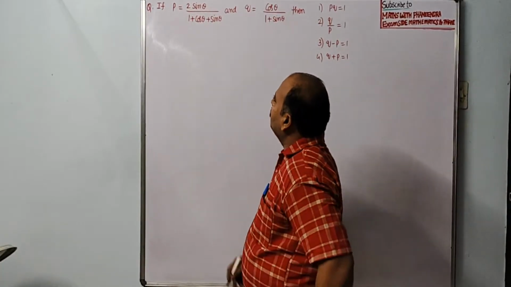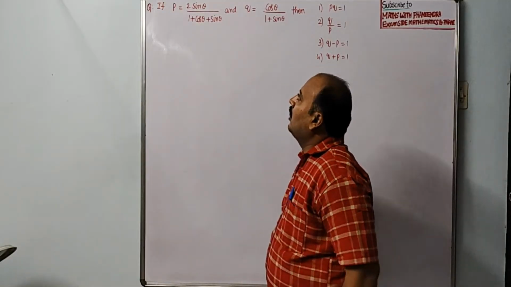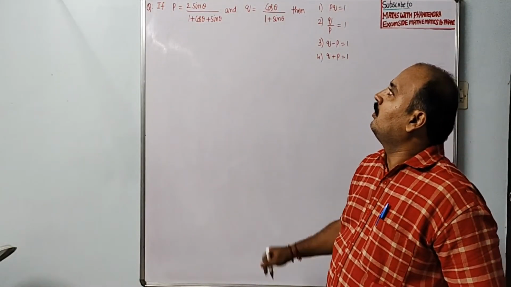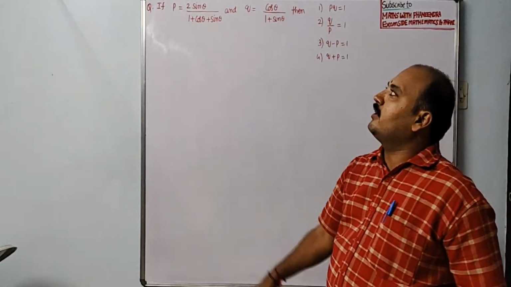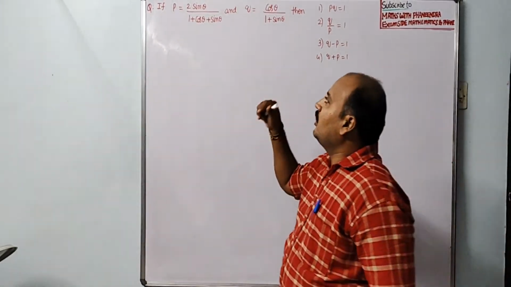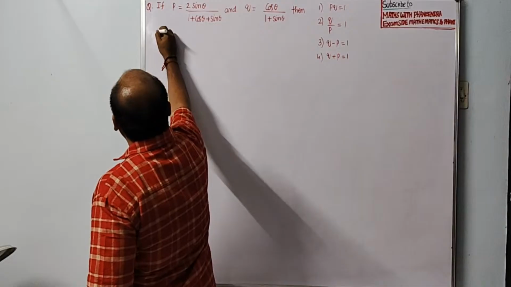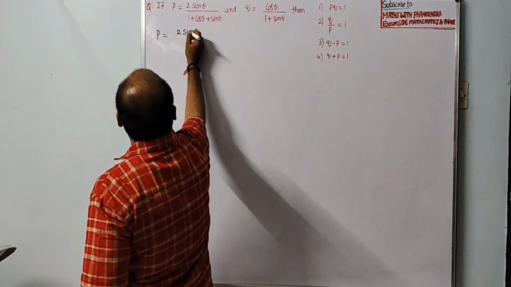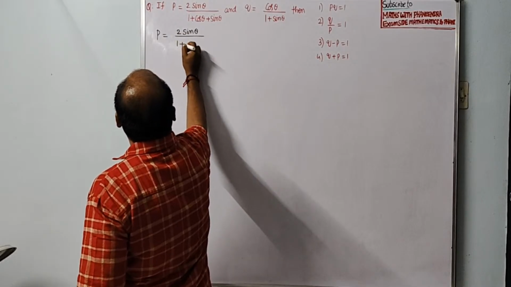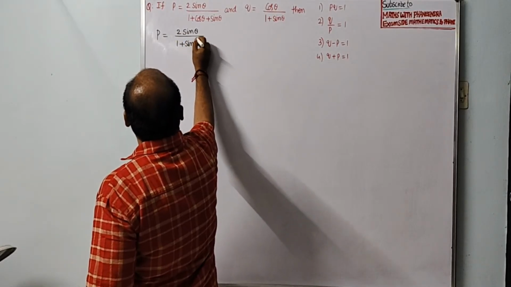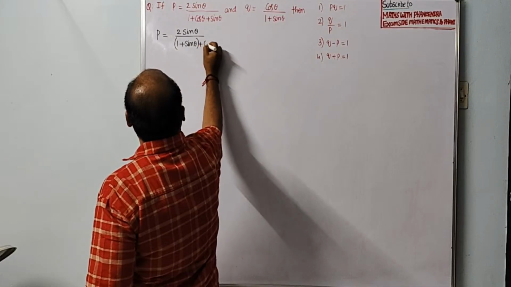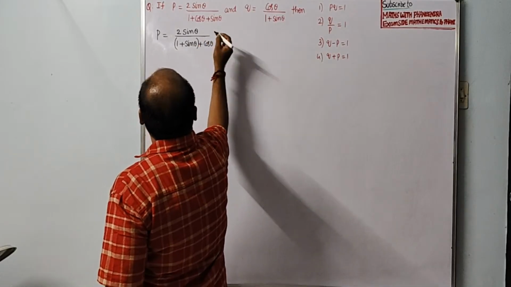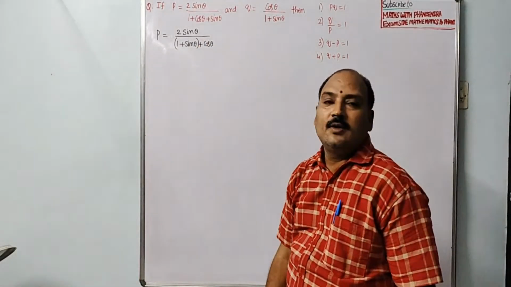Here 1 plus sine theta is there now, dear students. Here also P equals 2 sine theta divided by (1 plus sine theta plus cos theta). Like this we have to write it.